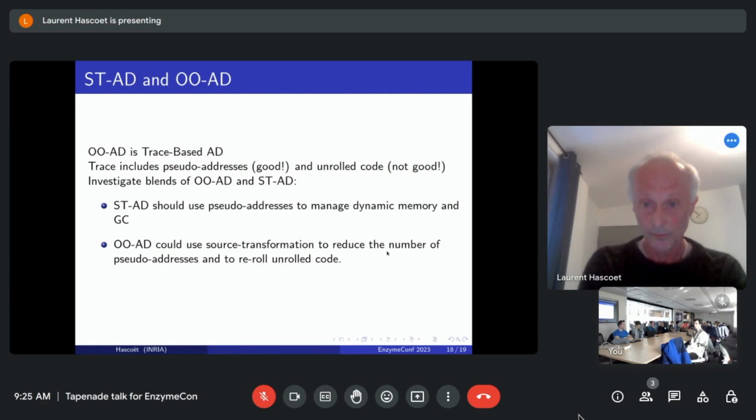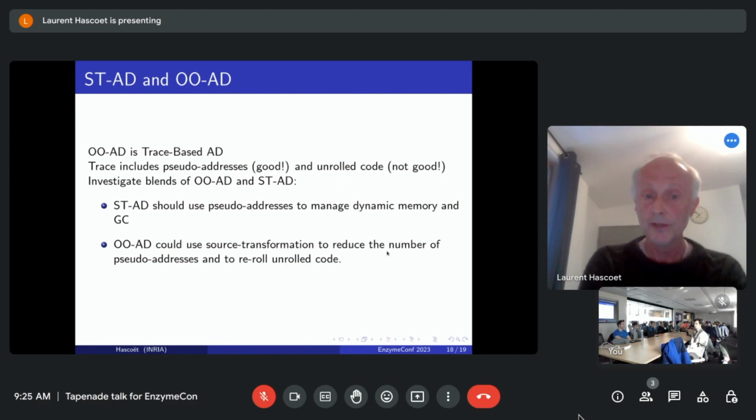So if you do overloading AD, you have pseudo addresses for free, which is good, but you have unrolled all the code and loops create a lot and a lot of space on the tape. That's not so good. So it would be interesting to investigate blends between the two.